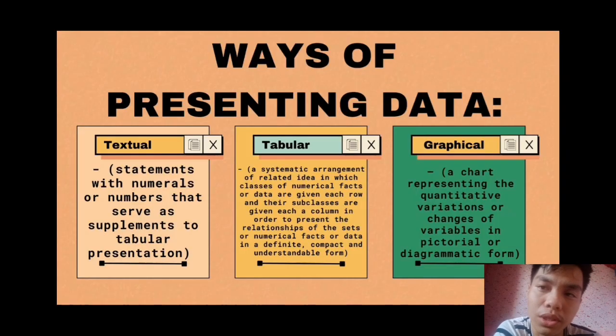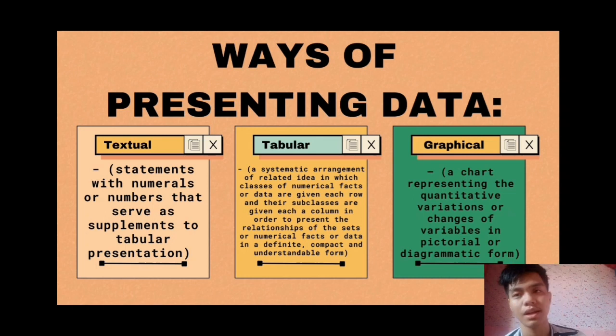We have 3 different ways of presenting data. First is textual. Statements with numerals or numbers that serve as supplements to tabular presentation. Next is tabular, a systematic arrangement of related ideas in which classes of numerical facts or data are given each row and their subclasses are given each column in order to present the relationships of sets of numerical facts or data.